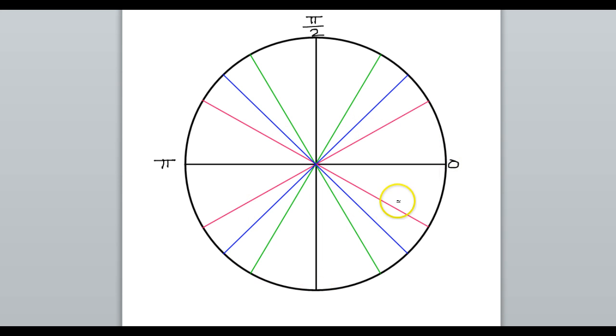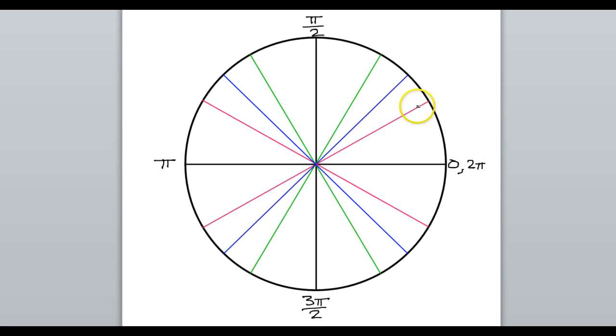If I keep going in that way, I've got 1 pi over 2, 2 pi over 2, and this would be 3 pi over 2. And then this would circle back around, and on the return trip, I will think of this as 2 pi now. So I start at 0, all the way around, I'm at 2 pi.